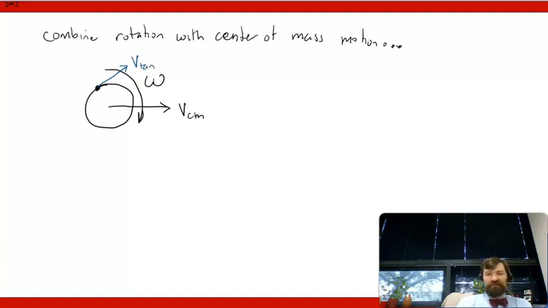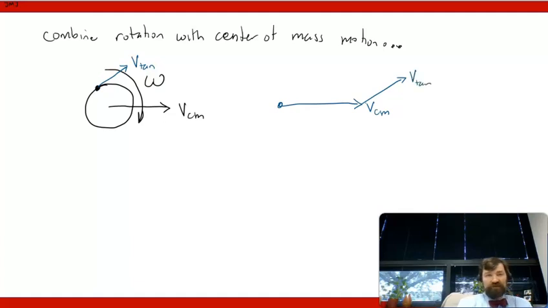And so if I take these two arrows for this point, because the wheel itself is moving this way, that means the point on the wheel also is moving this way, as well as moving in a rotation like this. That means that I have, as a collective motion, a center of mass motion, and then also a tangential motion, v tan.